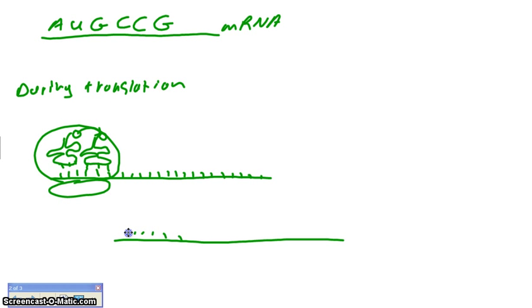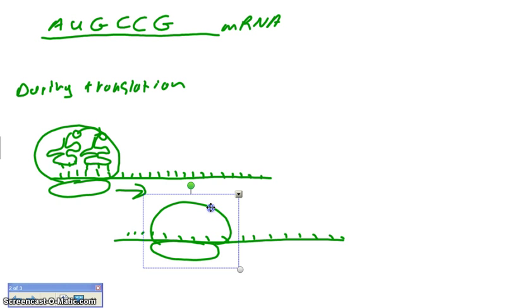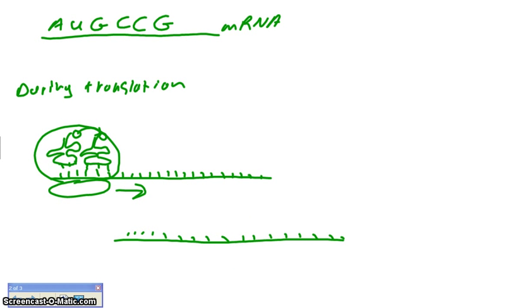After that we will have, again, mRNA, and then our ribosome is going to be moving down the strand, like this. Actually, that's horrible. Delete. We'll go like that.